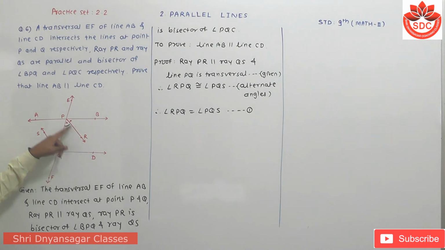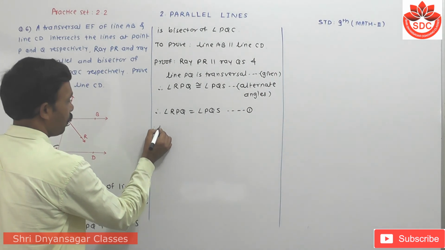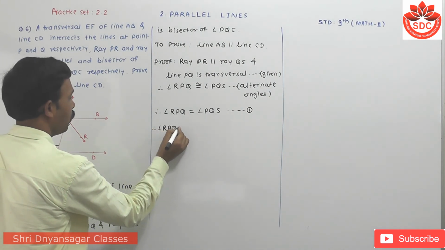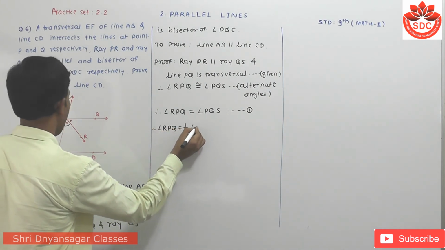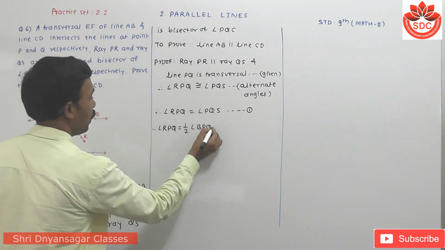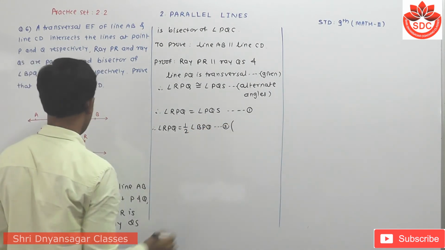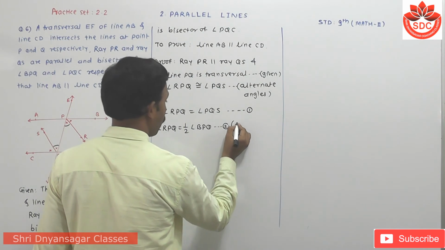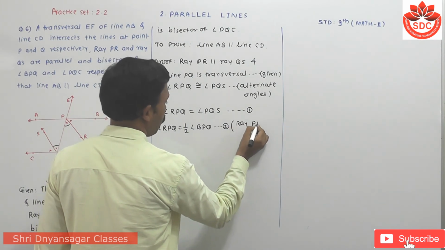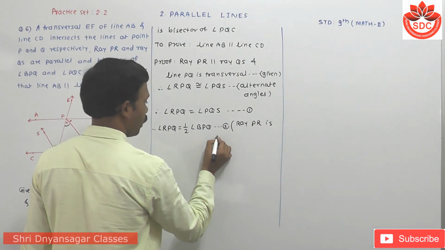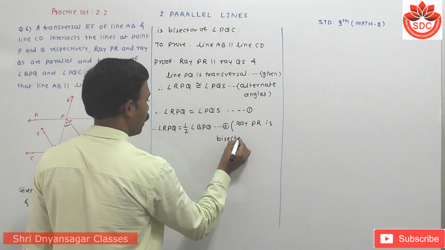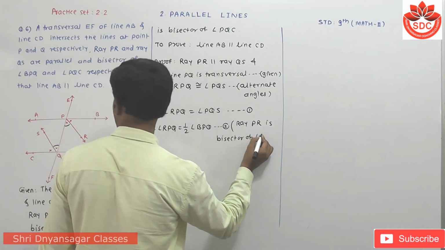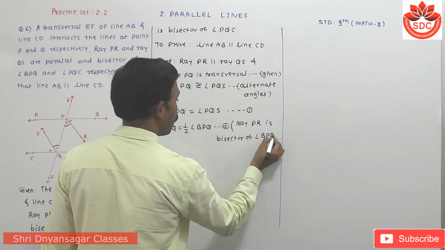Look here, RPQ and PQS are equal here. Now, RPQ is half of this angle because this is the bisector. Therefore, angle RPQ is equal to half of angle BPQ. Equation second, and reason is that ray PR is bisector of angle BPQ.